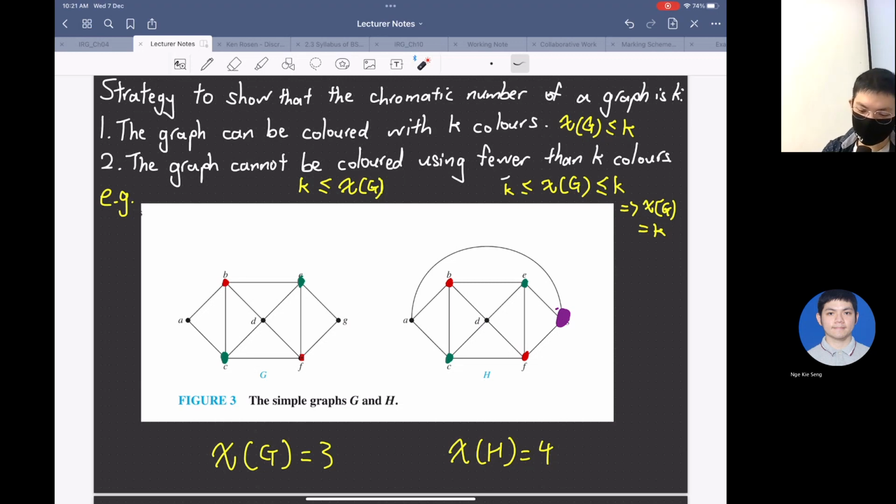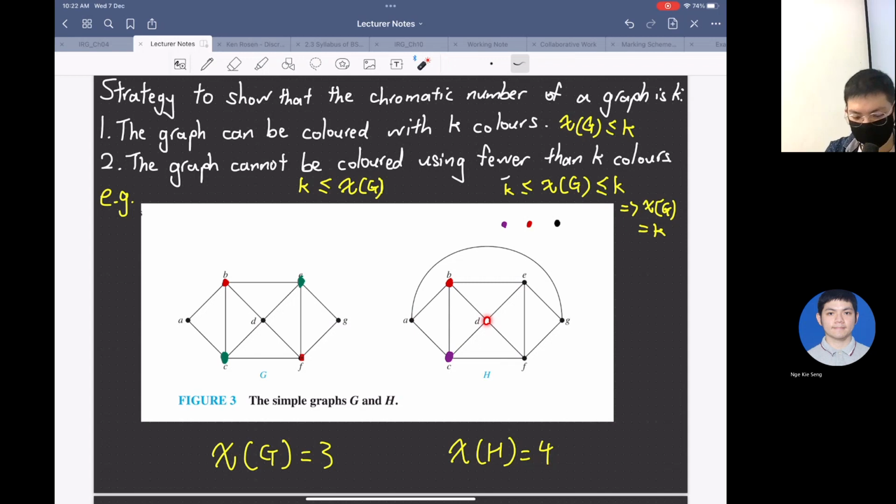Let's say we remove the green one. If we remove the green one, this means there are only 3 choices here: one is red, one is purple, and one is black. So you have to put purple here to avoid adjacent vertices having the same color.